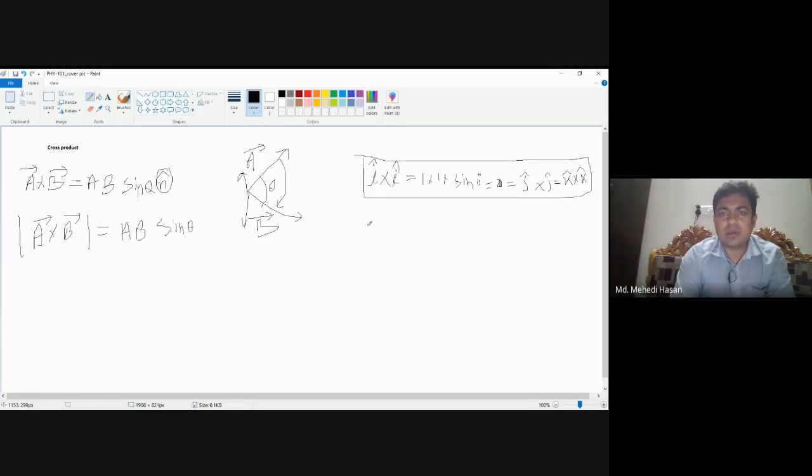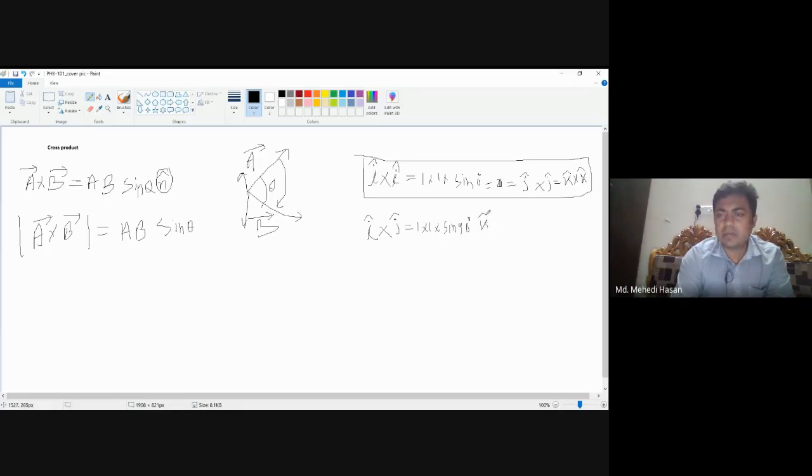Now if you consider different unit vectors, i cross j, in this case 1 into 1 into sine 90 degree, and we have to introduce a new unit vector because the cross product of two vectors is a vector quantity. Perpendicular to the i-j plane is the remaining unit vector k.